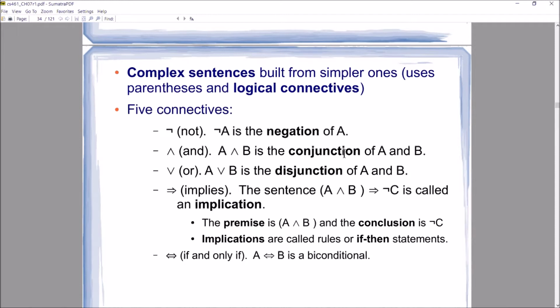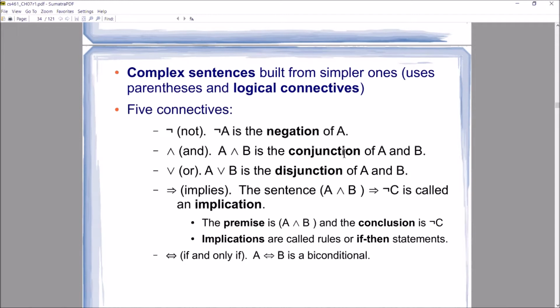So complex sentences can be built from simpler ones. So what we do to build these more complicated sentences is we can use parentheses to override orders of operations, and we can use these logical connectives, right, which in C++ we referred to as logical operators, right? So there's 5 connectives in this logic, right?